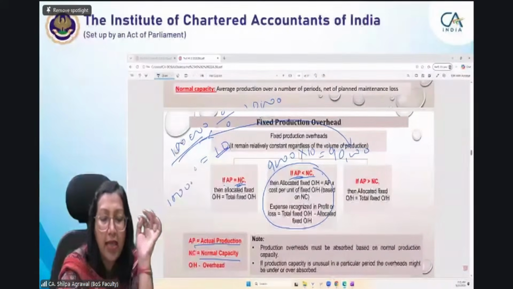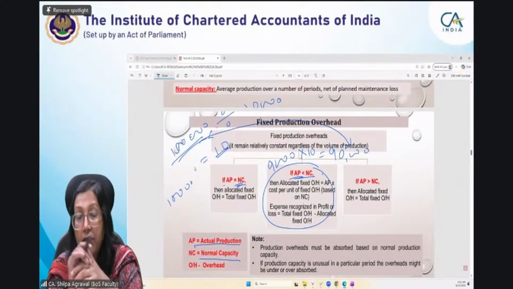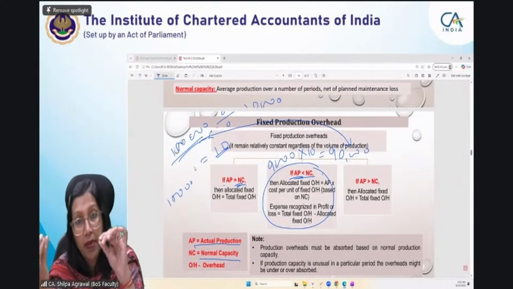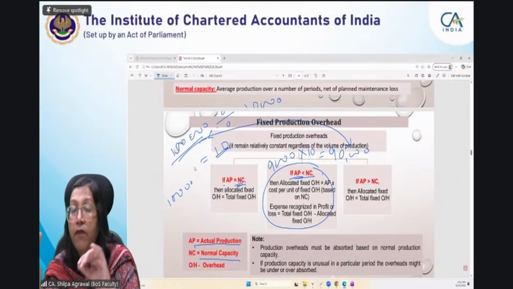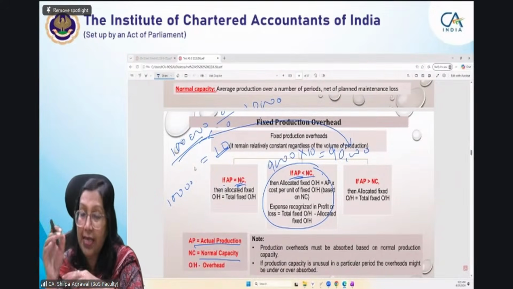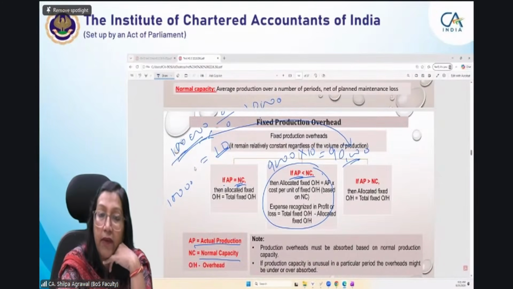Where will this go? Any guess? Where will it go, because we did it on a per unit basis. We calculated fixed overhead per unit and then allocated that fixed overhead per unit to the actual production, which was less than the normal capacity. So we utilized 90,000, but the actual fixed overhead which we incurred was 1 lakh.